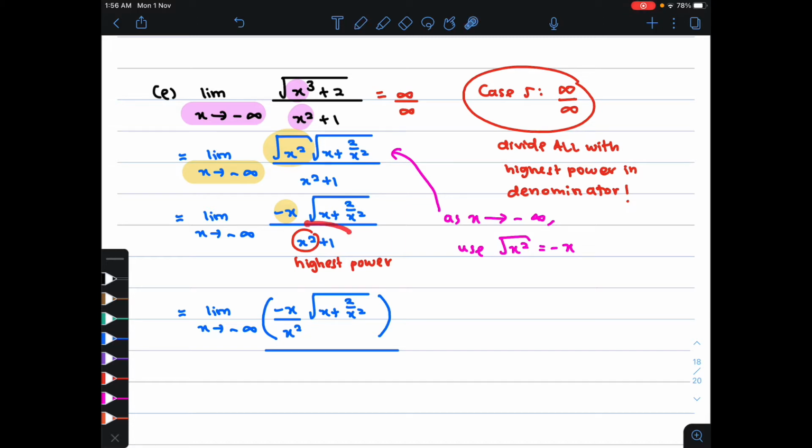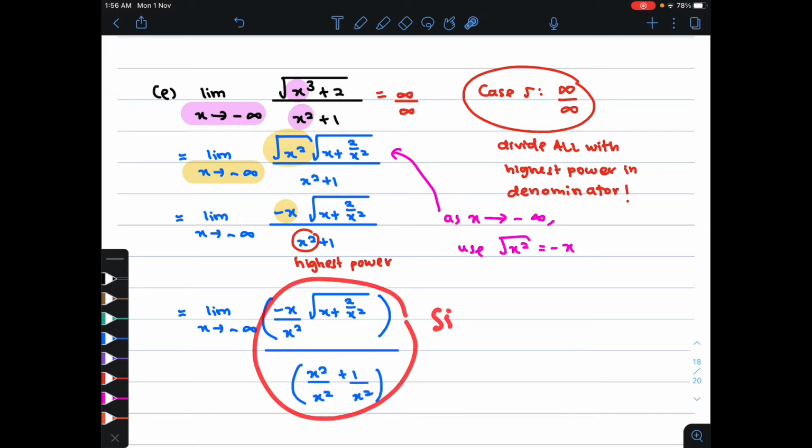Now let's do for the denominator. Here we have two terms, and hence each term should be divided by x squared. So now let's simplify. In the numerator, this is 1 over x, and in the denominator, this will give you 1.